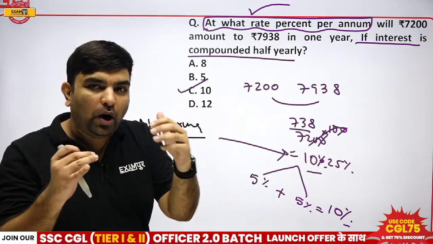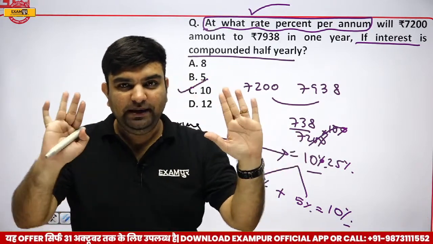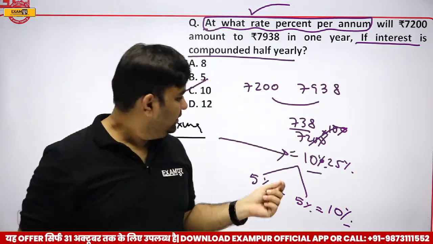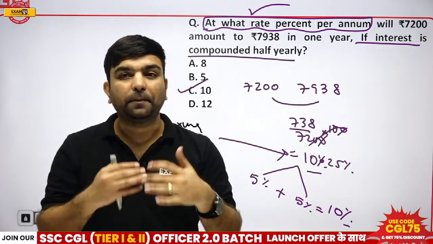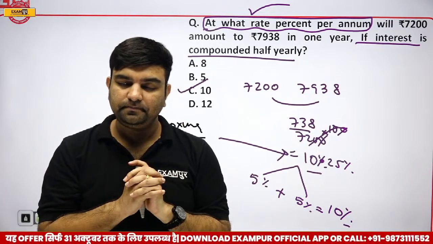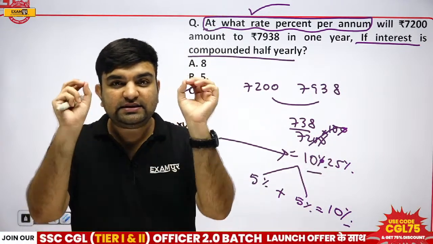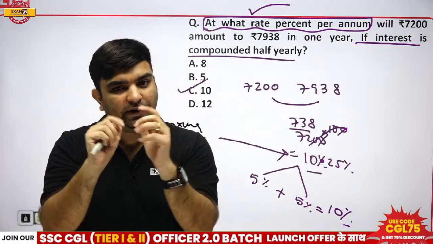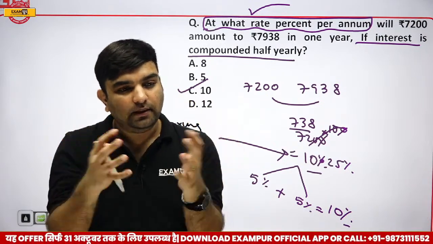If I do it compounding, I'm getting 10% interest in 1 year. What does compounding do? Compounding a little bit increases the rate. So it is 10 point something percent interest in 1 year. If my rate is 5% per annum, can I get 10%?